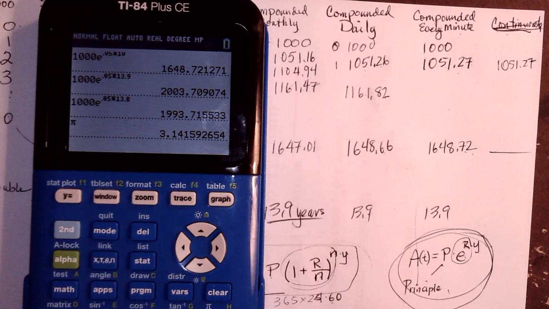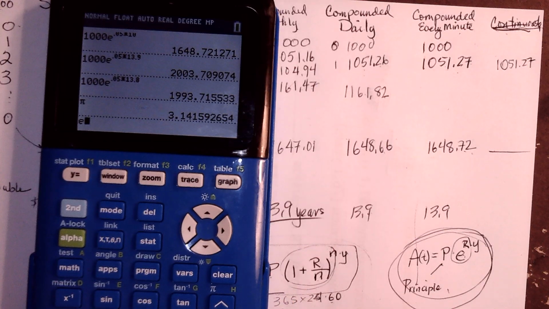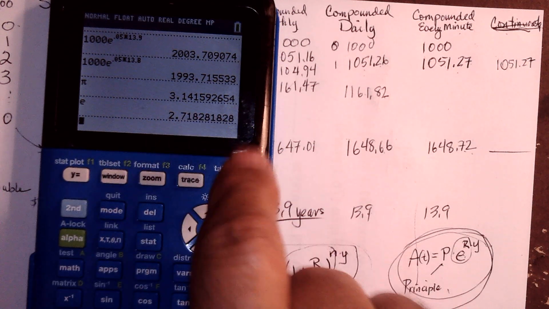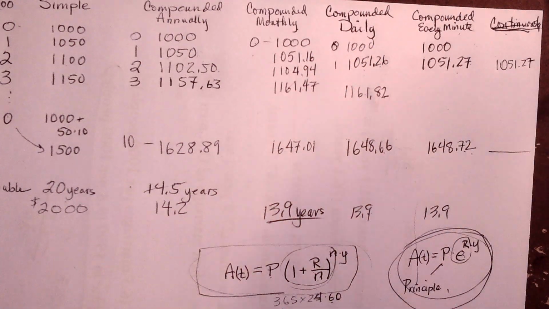And e, pushing this button second there, is 2.718281828459045. I've memorized it further than it shows on the calculator. I don't even know pi to that many places, but I know e to more places. It's also easy to memorize.